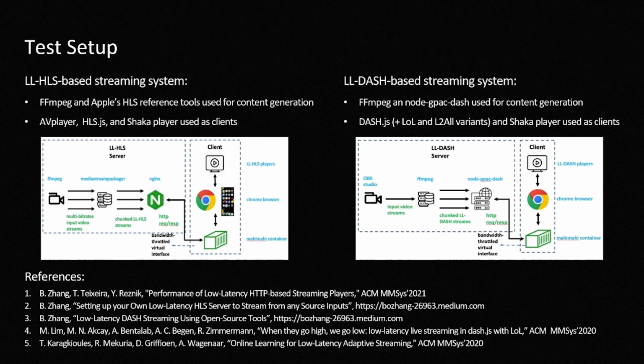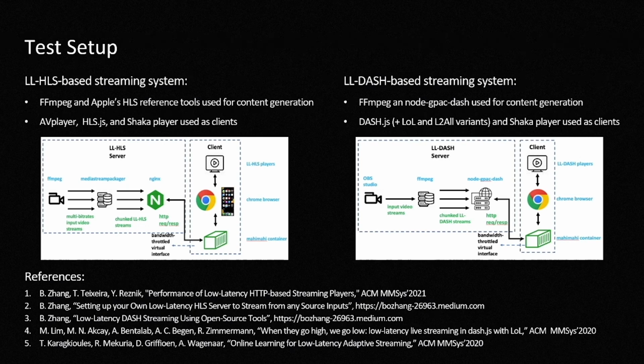To build the system for low latency HLS streaming, we used FFmpeg as encoder, and we used Apple reference HLS tools that provide low latency packagers and other tools needed to build such systems. And for low latency DASH, we used also FFmpeg and Node GPAC DASH as components for content generation.